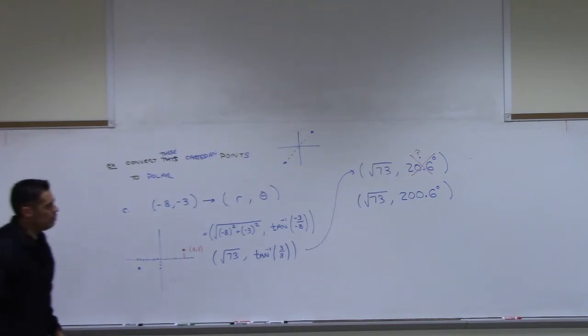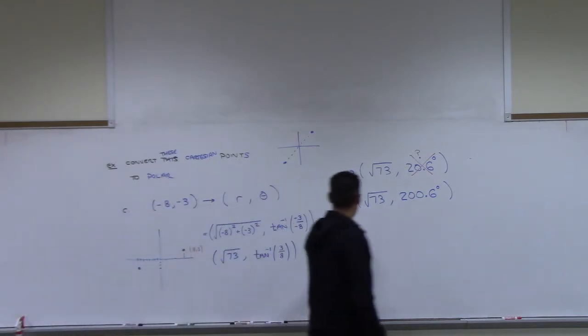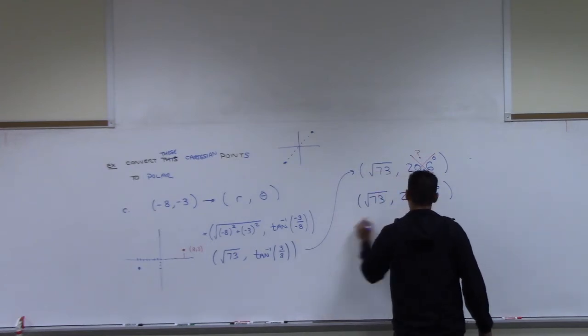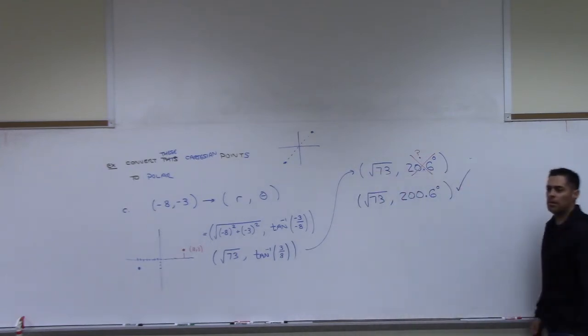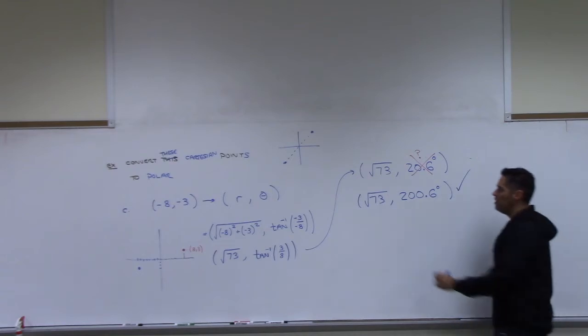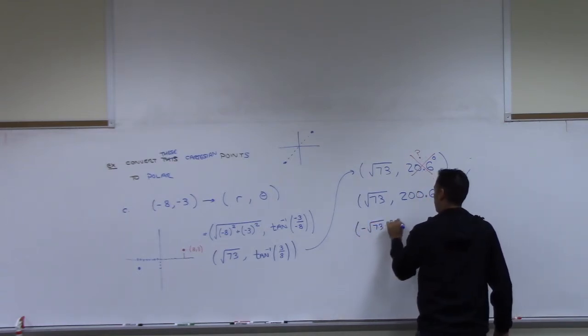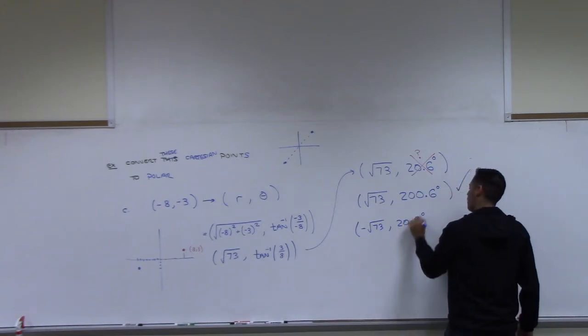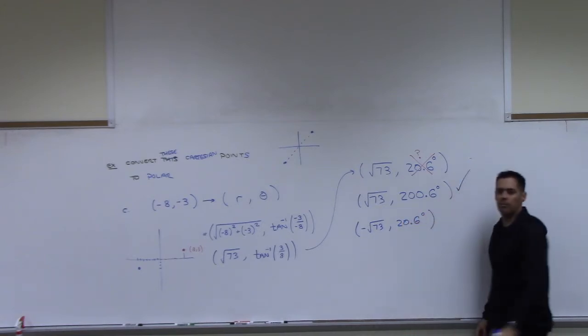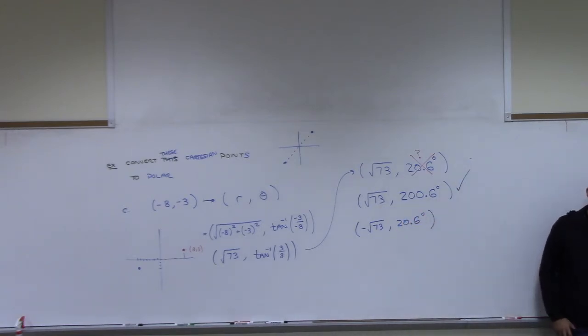I'm curious, would this be correct? So this is correct. We all agree with that? This one was not. Would this have worked? What do you think? No. Why not?